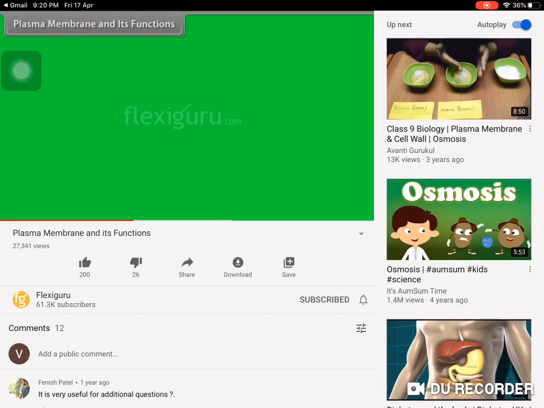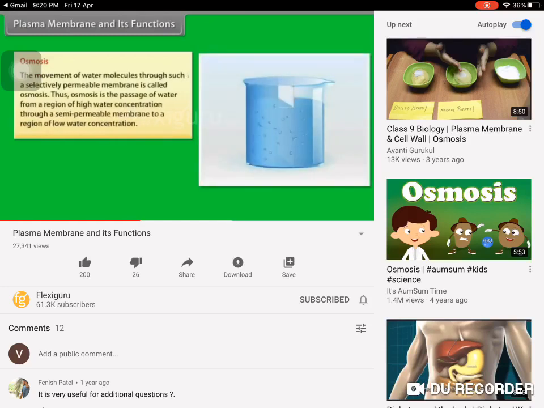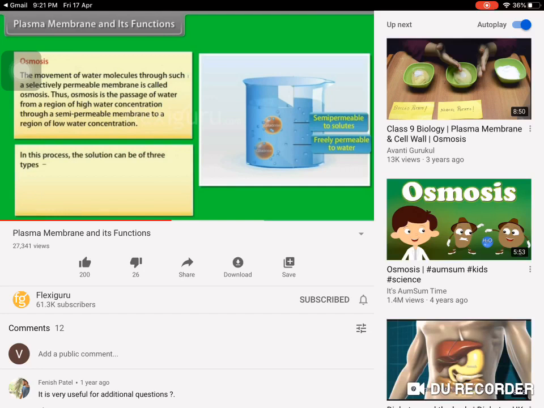Osmosis. The movement of water molecules through such a selectively permeable membrane is called osmosis. Thus, osmosis is the passage of water from a region of high water concentration through a semi-permeable membrane to a region of low water concentration. In this process, the solution can be of three types: hypertonic solution, isotonic solution, hypotonic solution.